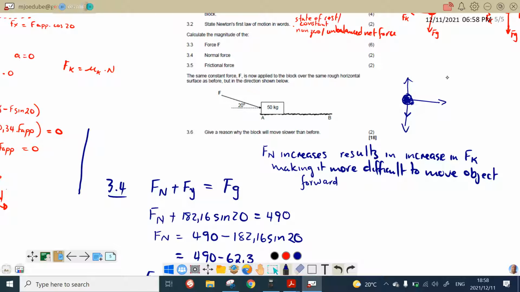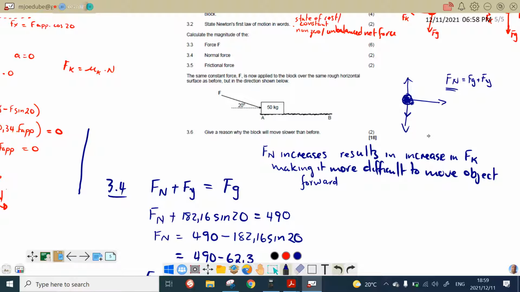Your Fn is going to be equal to your Fg plus your Fy. So the value of Fg that you had, which was your 490, plus the Fy component, is going to cause that Fn to increase.